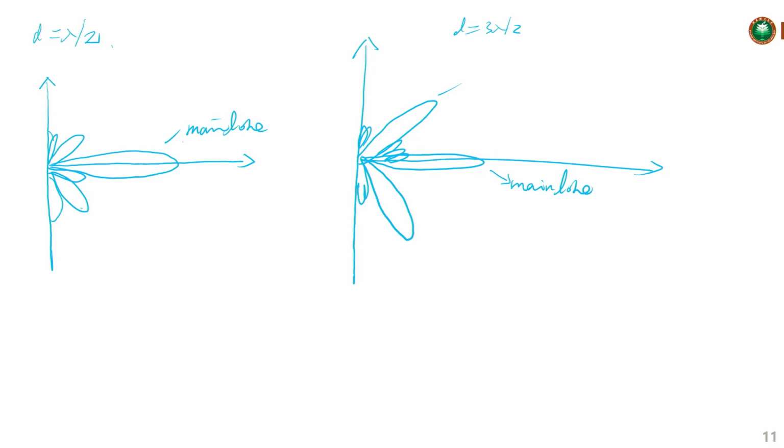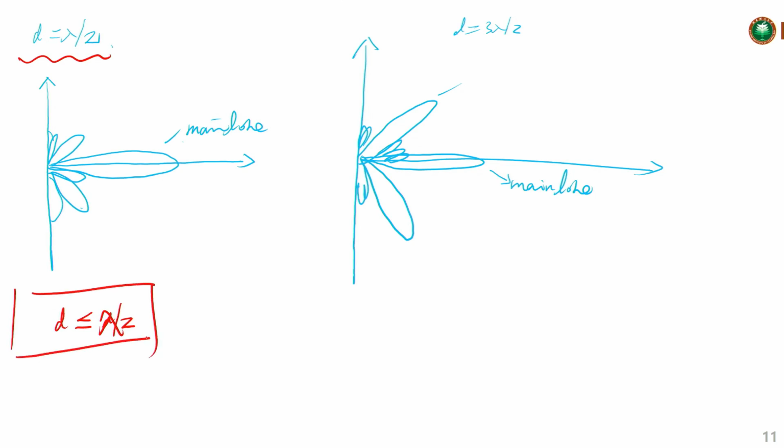So what we usually do in antenna array design is, because it has 2 repetitions, we need to control the distance d between the elements, which should be smaller than lambda over 2.